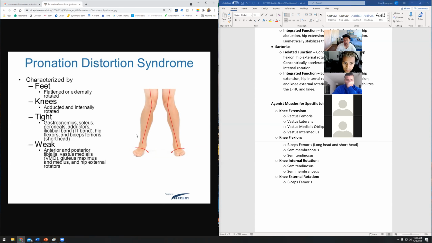And then we just flip to the other side of the joint, right? Instead of the gastrocnemius, we flip to the other side and we strengthen the anterior and posterior tibialis. Talked about that yesterday. Instead of working on that biceps femoris, which is back here, that's lateral and posterior, well, then I'm going to go anterior and medial. That's my VMO, my vastus medialis.